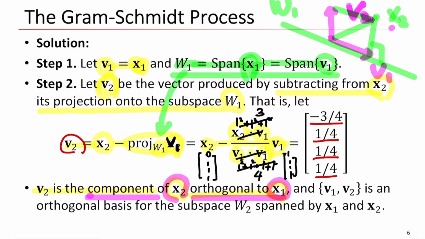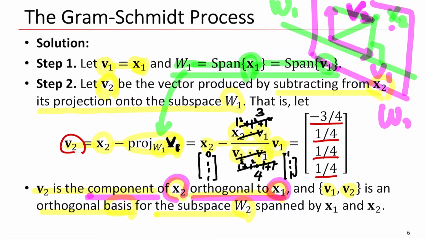So in this case, the set v1 and v2 is an orthogonal basis for the subspace W. So this v1 and v2 will make a new subspace W2, whose orthogonal basis is v1 and v2, right?